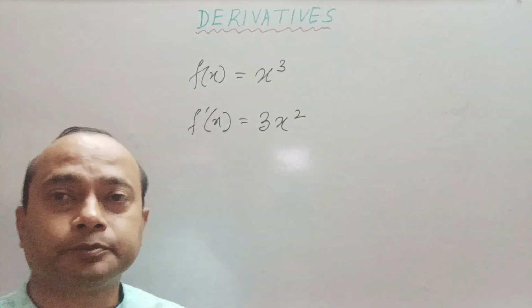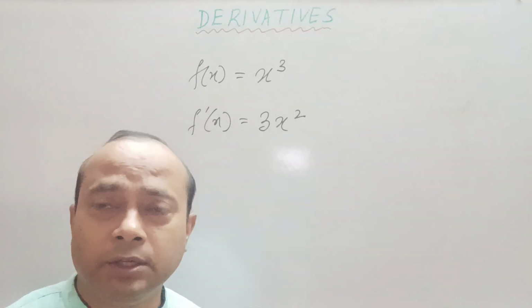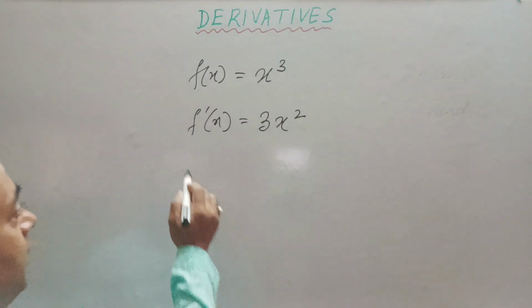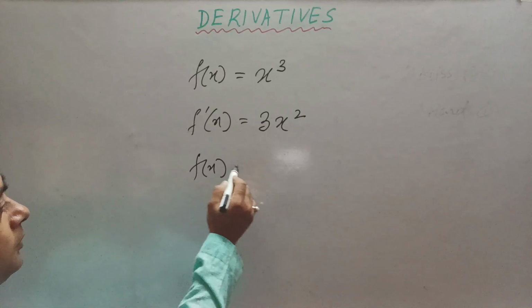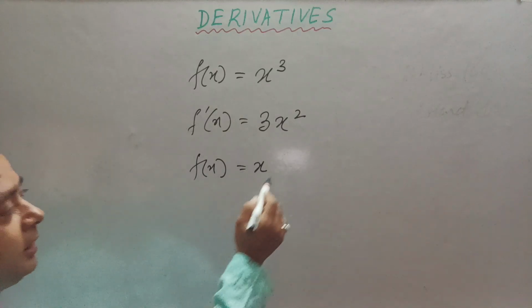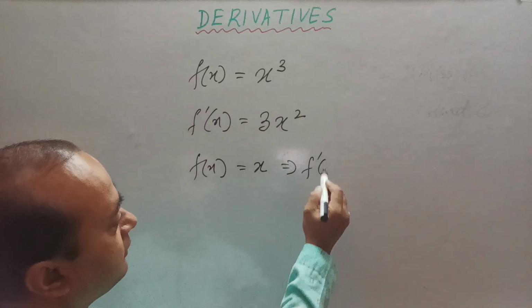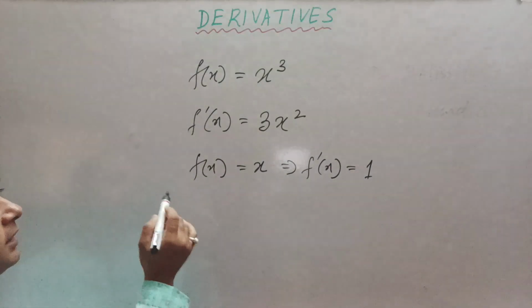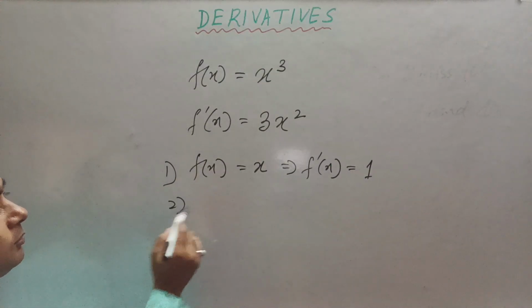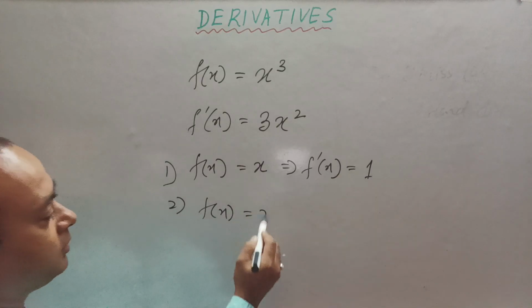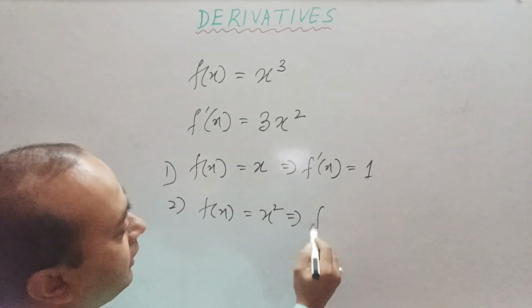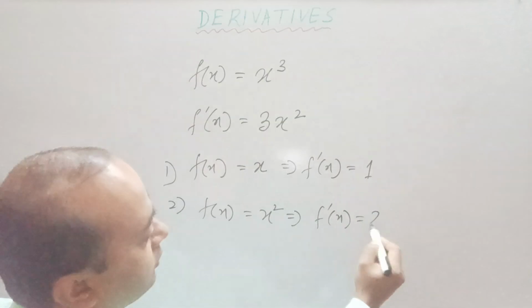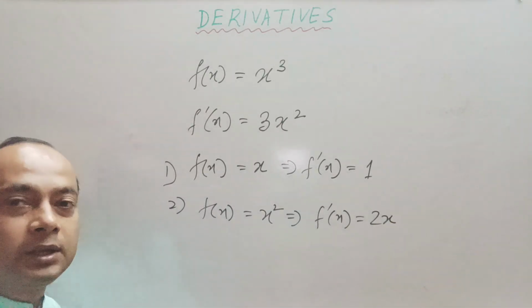If you pay careful attention, in our first example we had f(x) as x and its derivative f dash x was equal to 1. In our second example we saw f(x) equal to x square and f dash x is equal to 2x, correct?